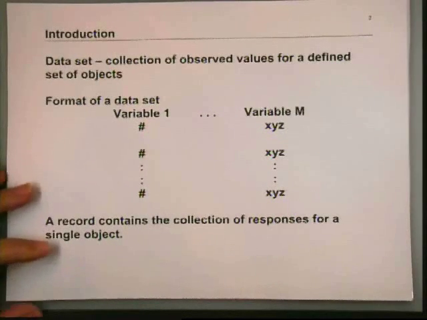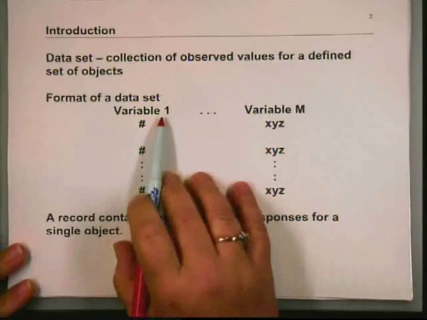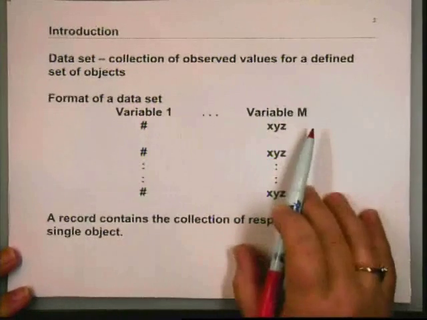All right, when we collect data or a data set, we just have a collection of observed values for some defined set of objects. And so whenever we look at a data table or a data set, we measure several different variables here. Here I've just put those in columns labeled variable 1 through variable m.